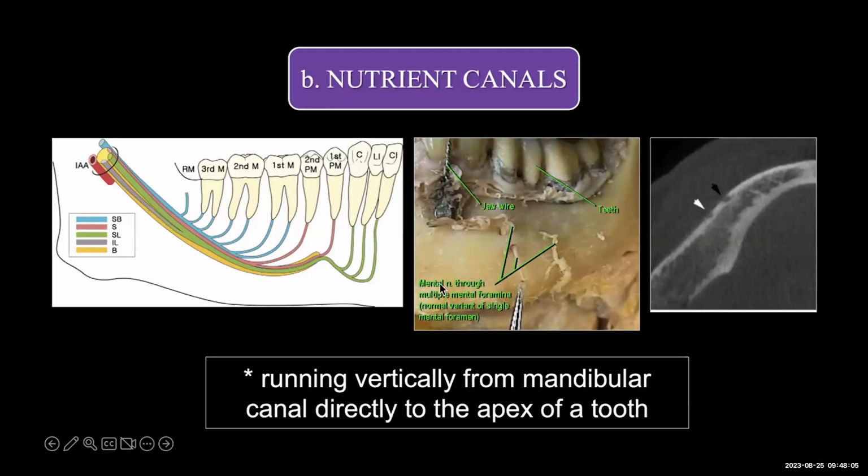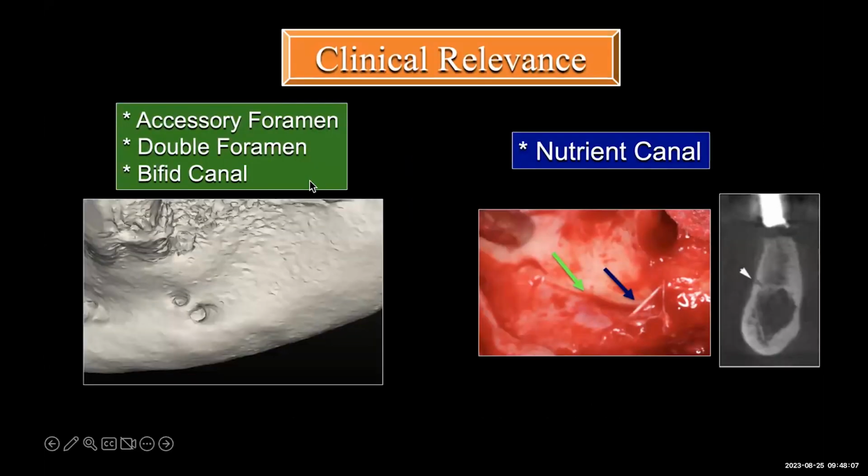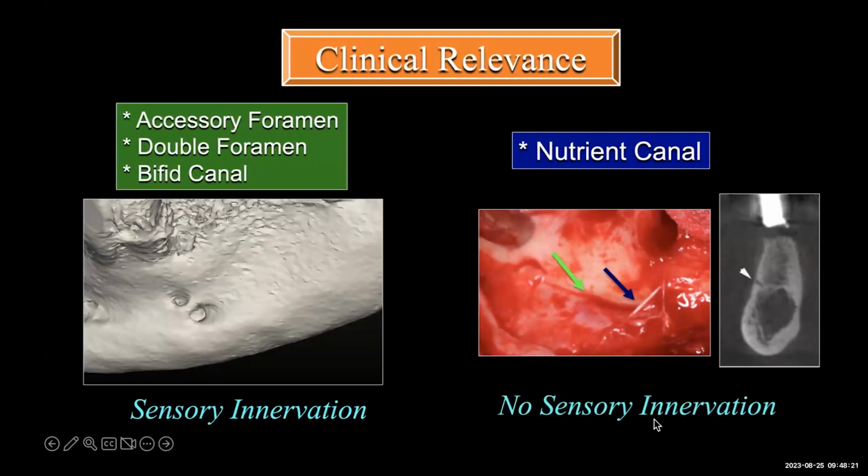They're not sensory to soft tissue. So the bottom line is the accessory foramen, some people call double foramen or bifid canal, is sensory and goes to soft tissue, where you will have a neurosensory deficit. The nutrient canals are not sensory to any of the soft tissue or the skin. They're nutrient vessels to the actual teeth.